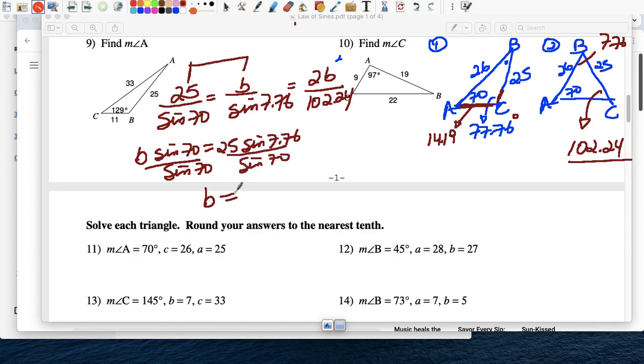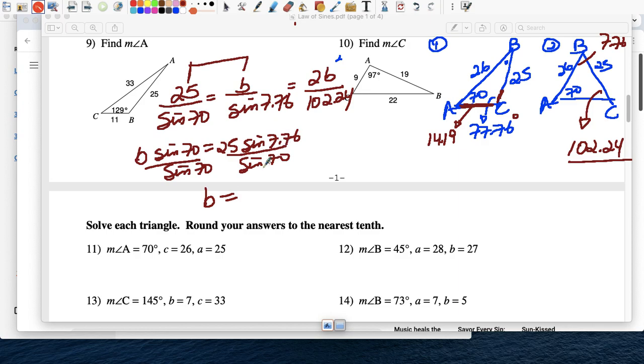And little b in the second triangle is going to be 25 times sine of 7.76 over sine of 70.